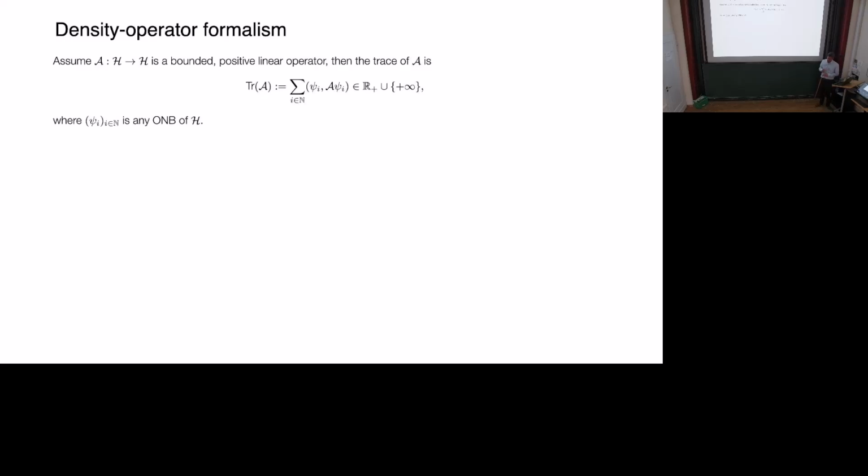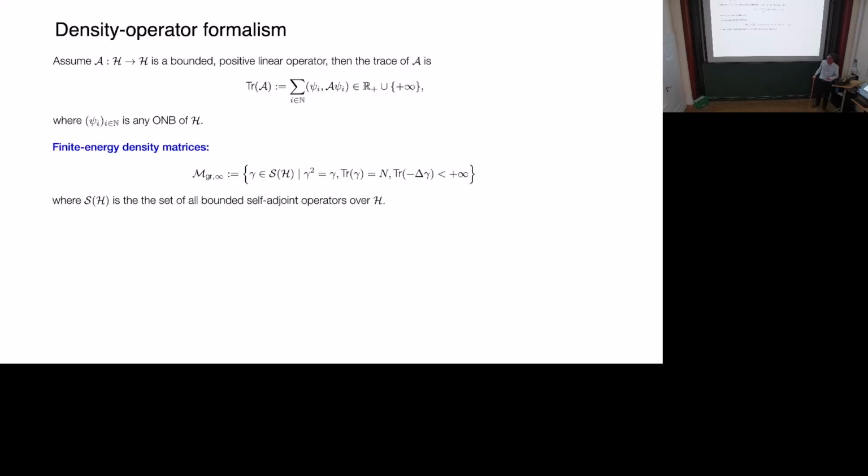In order to introduce this a little bit more rigorously, we need to define what is a trace class operator. So I take A to be a bounded positive linear operator. Then for any orthonormal basis B of H, the trace is defined by this. Okay? You see, it directly generalizes the notion of the trace of a matrix if you take the canonical basis here.